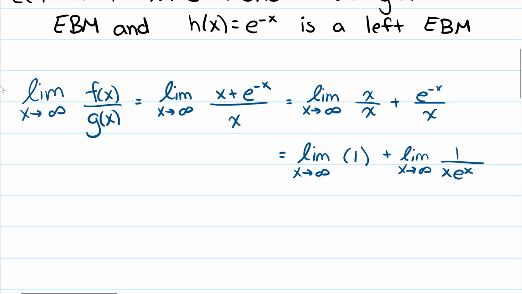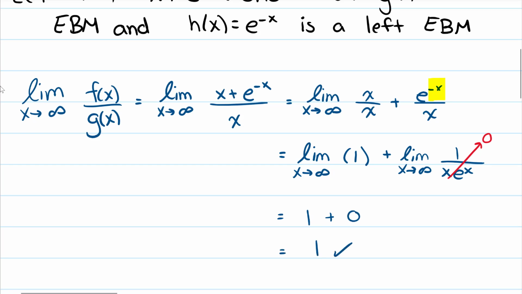Now it becomes 1 over x e to the x because of the negative exponent right here. So now we get 1 plus, and as you approach infinity, this denominator is going to get very, very large, so then the whole fraction just goes to 0. So you get 1 plus 0, which is 1.